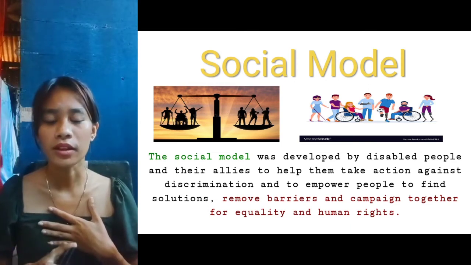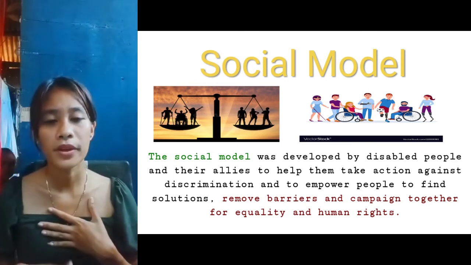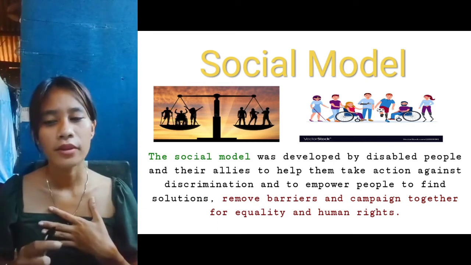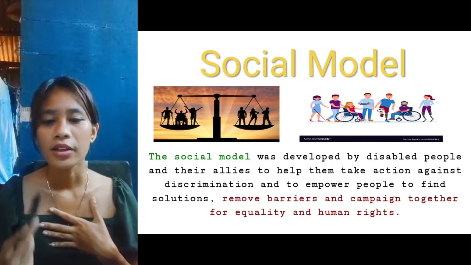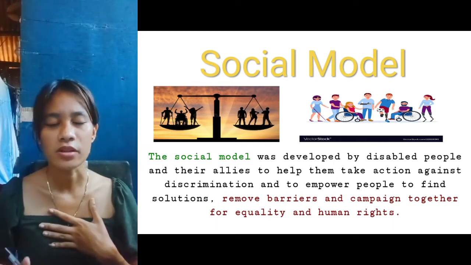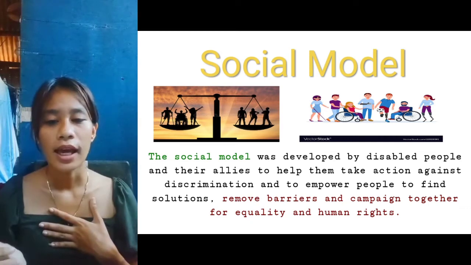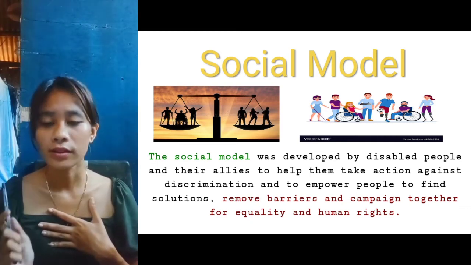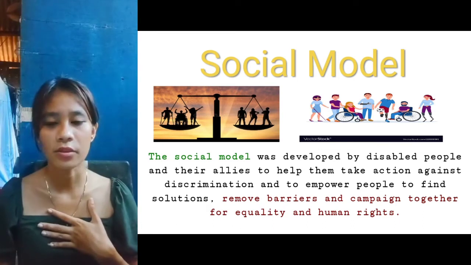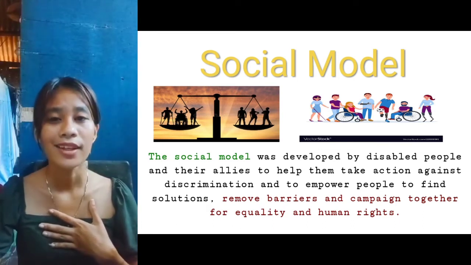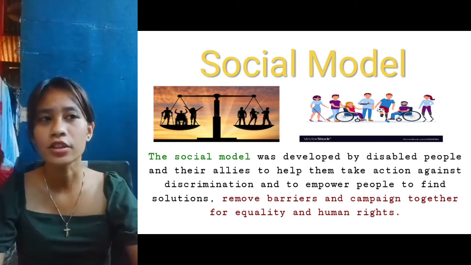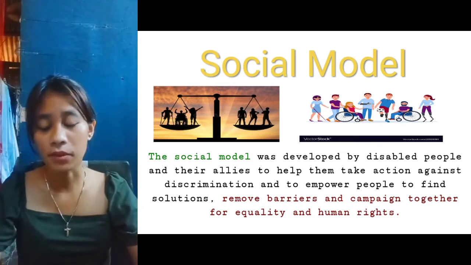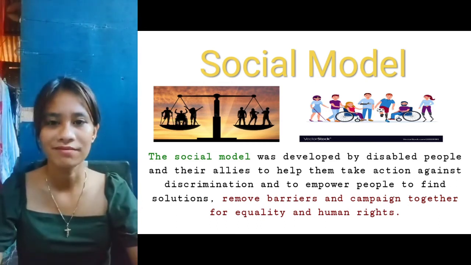The social model is about disabled persons together with the people who help them, trust them, and never leave them despite their situations. Their goal is to take action against discrimination and to show that disabled people also deserve the things, and can do the things, that non-disabled persons have and do.